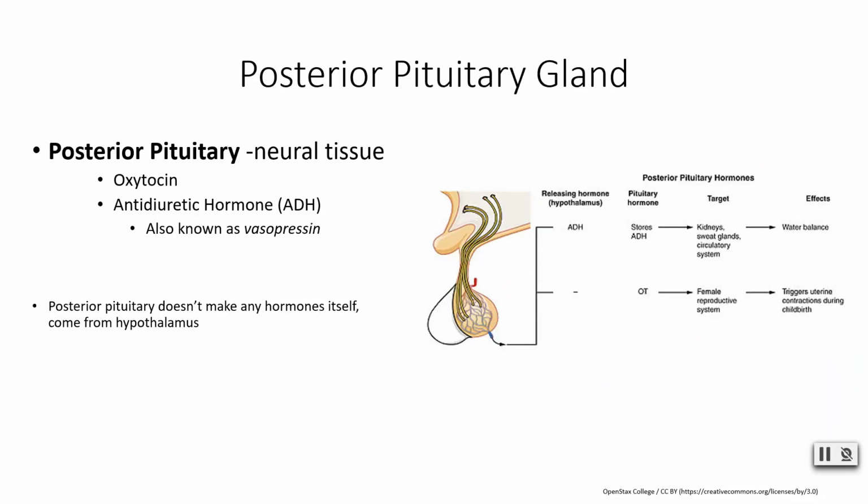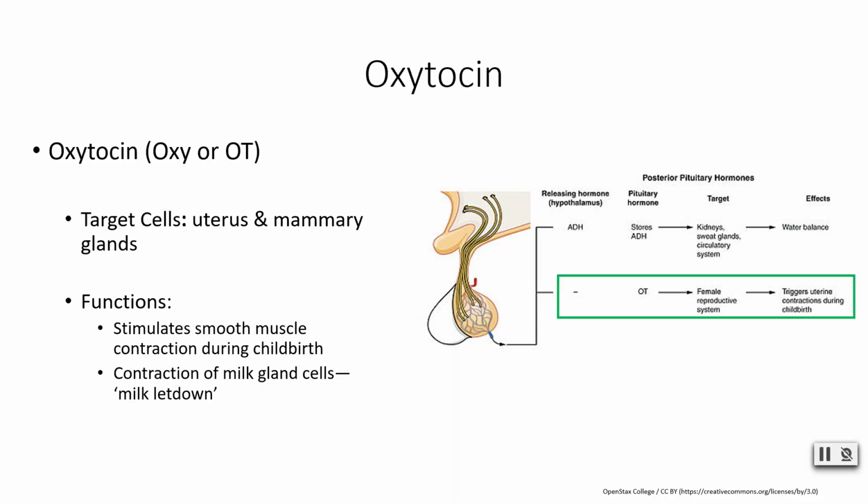All right, posterior pituitary. We mentioned earlier it is neural tissue. We've said the oxytocin and the ADH technically come from the hypothalamus. They're just secreted by the posterior pituitary. But right now, let's make sure we know what these hormones do. So oxytocin. Target cells are the uterus and the mammary glands. Two functions here.